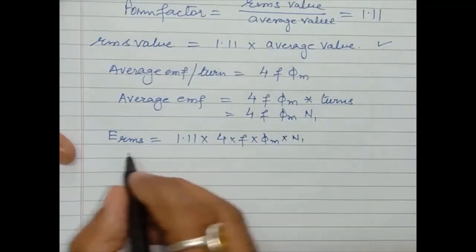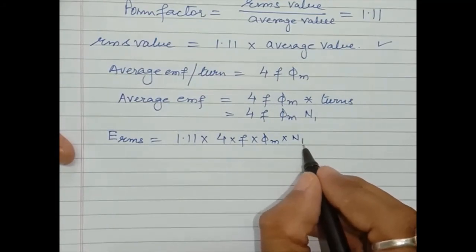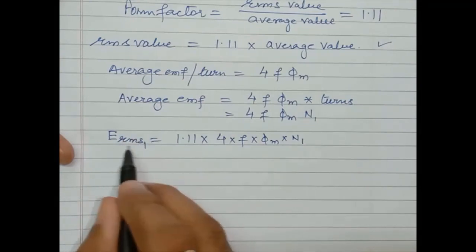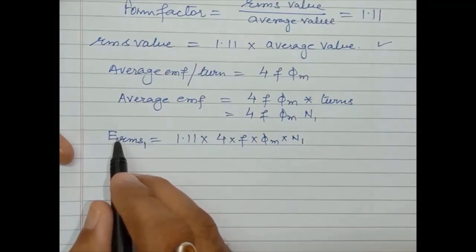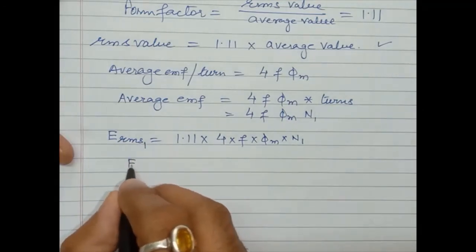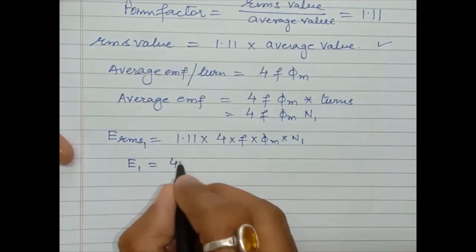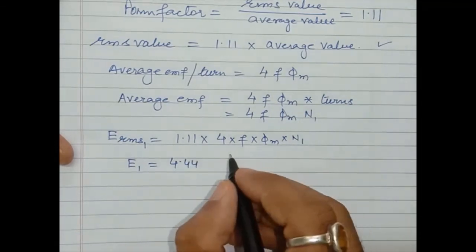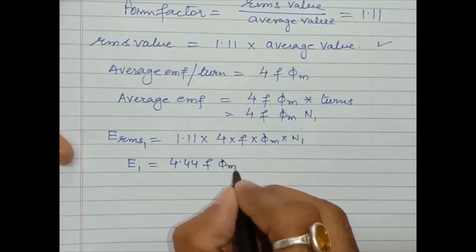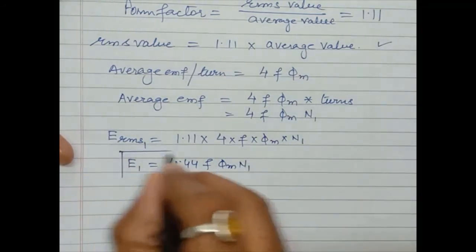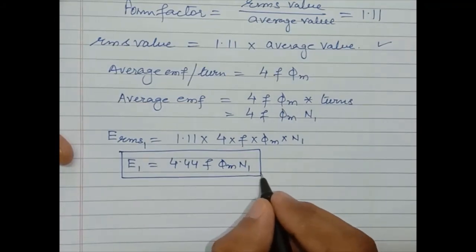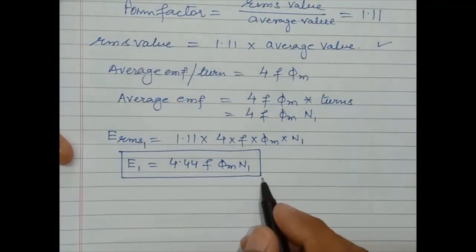This is E1, the RMS value at the primary winding. Therefore E1 is equal to 4.44 f phi m n1. This is the EMF equation for a transformer referred to the primary side.